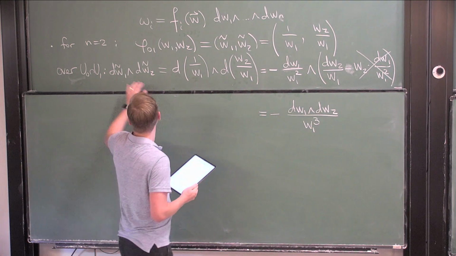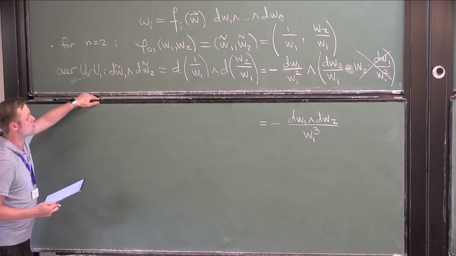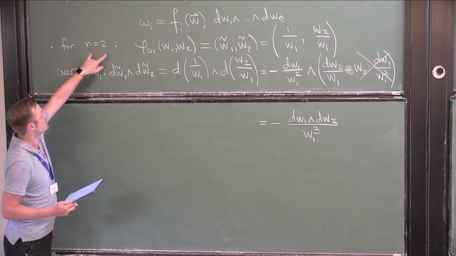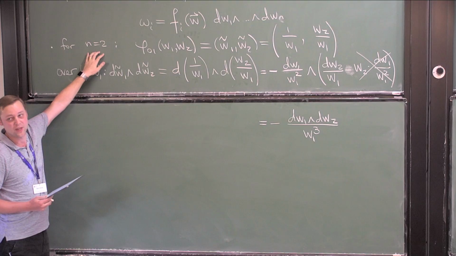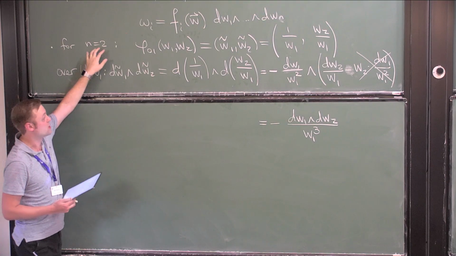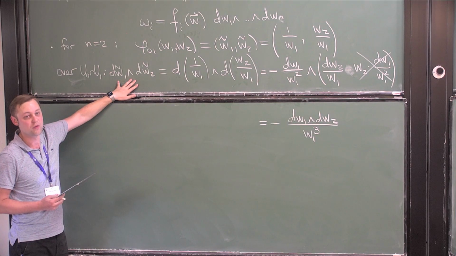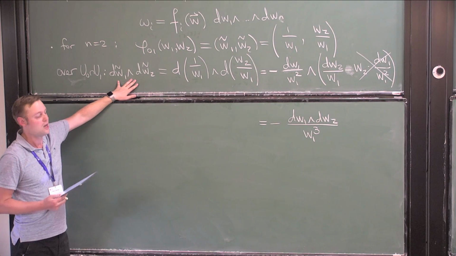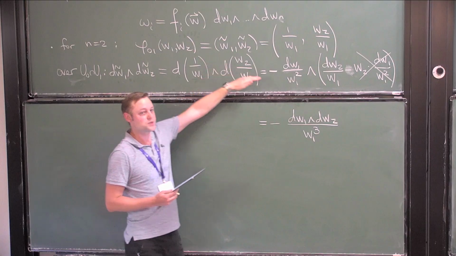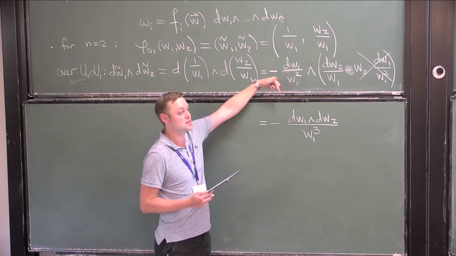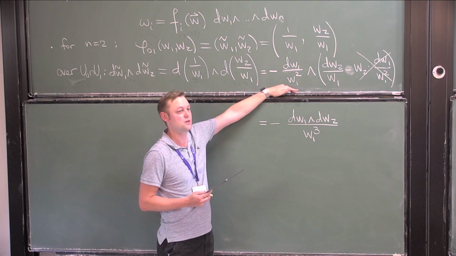The thing that I want you to notice is that previously we did this calculation for n equals 1, and we saw that the obvious choice for a volume form, which was dz, transformed to another coordinate chart gained a second order pole.